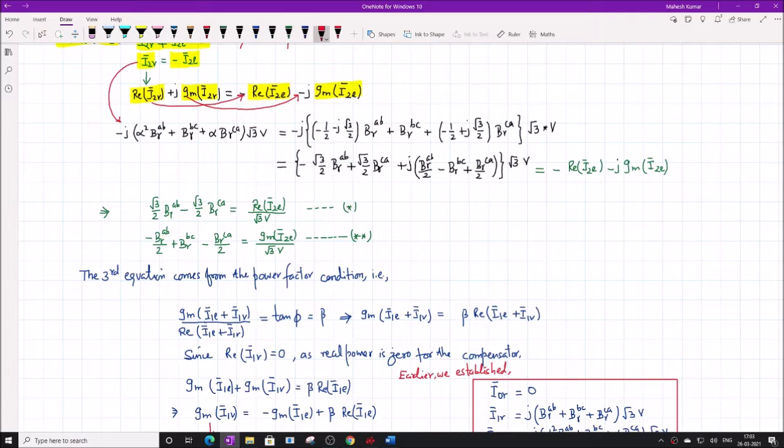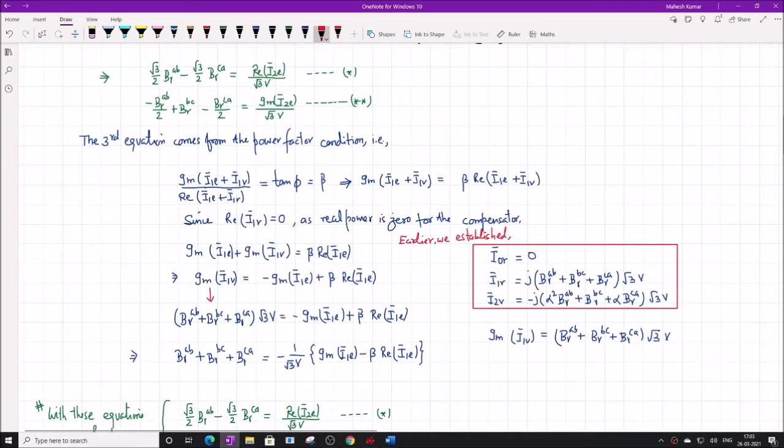If you remember, the values of I2L, I2 gamma, I1 gamma have been expressed earlier like this. These are the equations we have established: I0 gamma equal to 0, I1 gamma is j times the bracket b gamma ab plus b gamma bc plus b gamma ca, divided by root 3 b, and I2 gamma equal to minus j times alpha square b gamma ab plus b gamma bc plus alpha b gamma ca, divided by root 3 b.